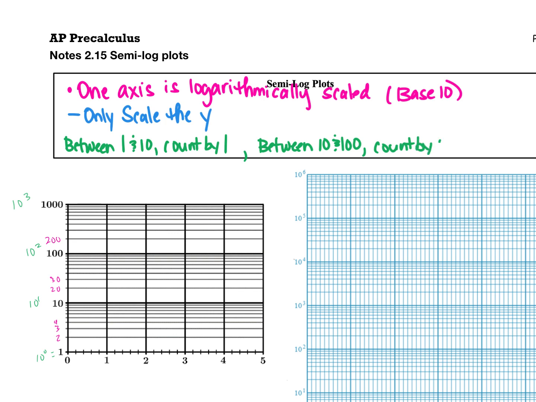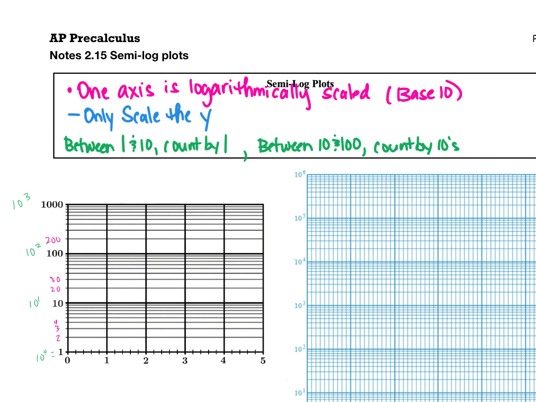So you count by whatever that lowest value is in that interval, and so on and so forth.